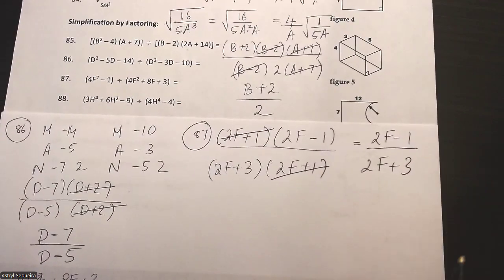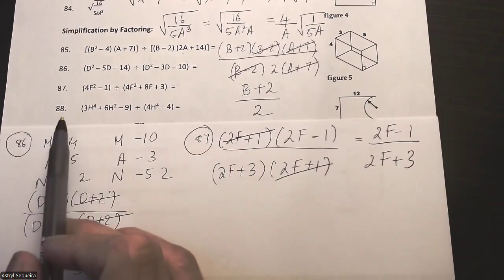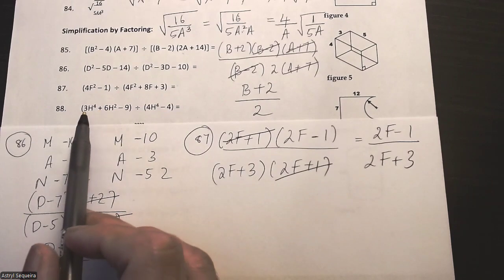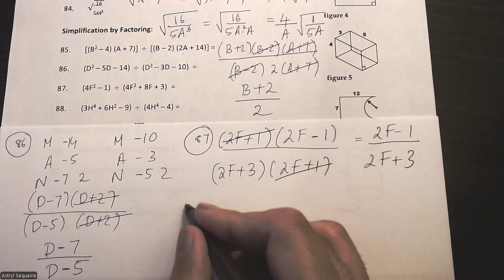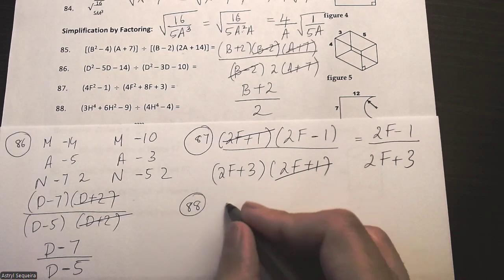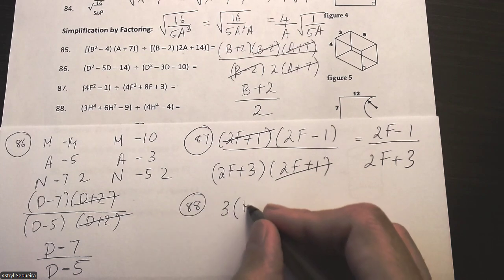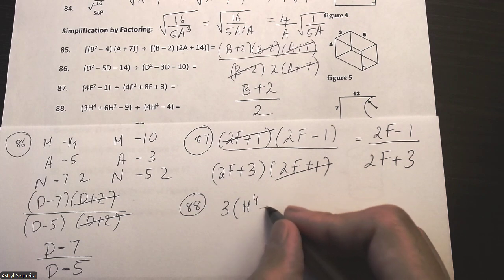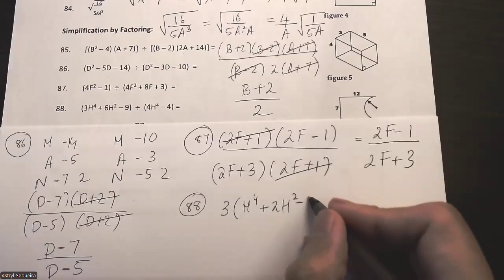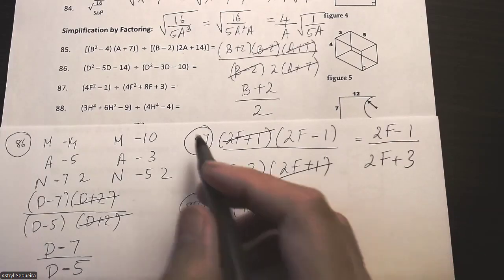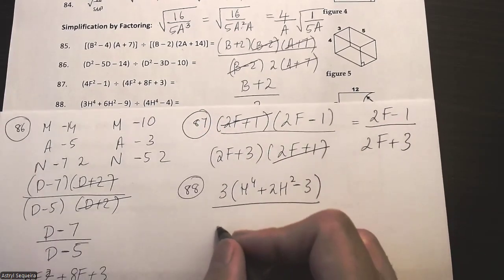And then last one, 88 over there. 88, I can actually common factor a 3 on the top. Always common factor first. Left with h^4 plus 2h squared minus 3. On the bottom, I can common factor out a 4.